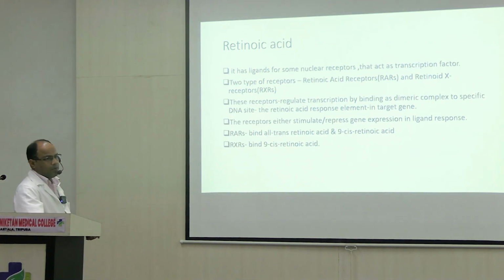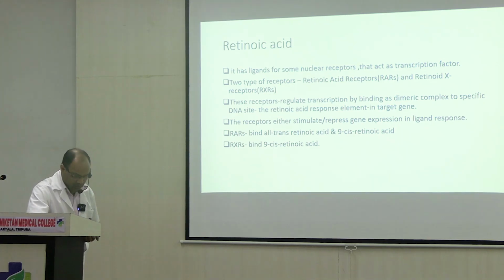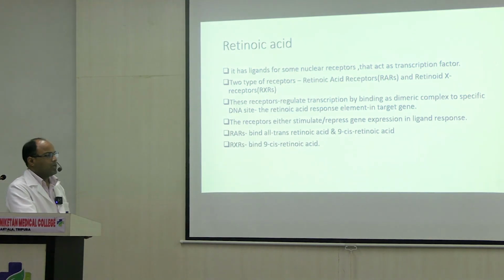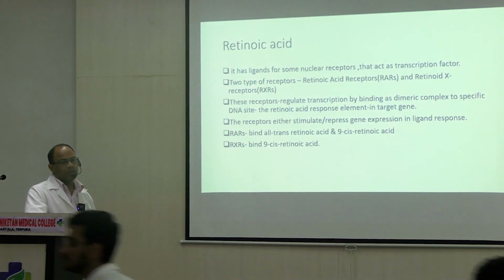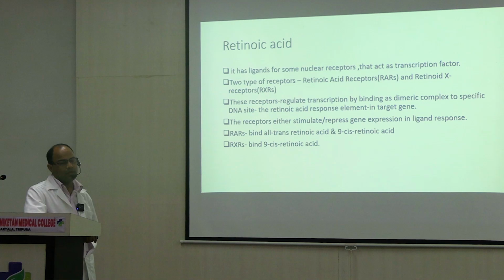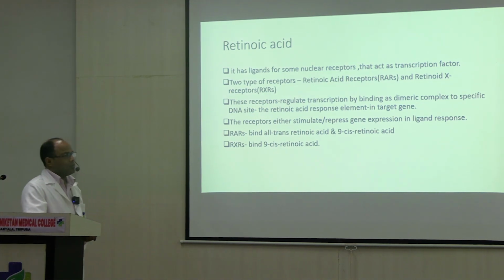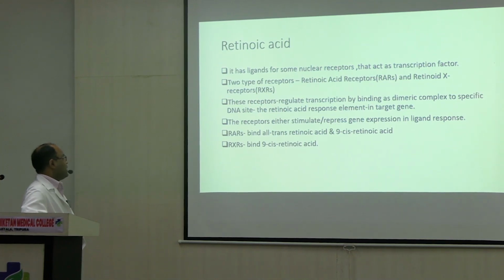Let's start something about retinoic acid. As I told earlier, retinoic acid acts like a steroid hormone. Steroid hormones have intracytoplasmic nuclear receptors. So inside the cell, the nuclear receptor has a ligand, and it acts as a transcription factor.